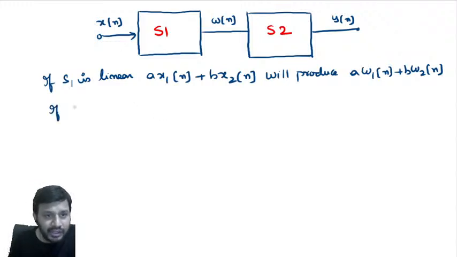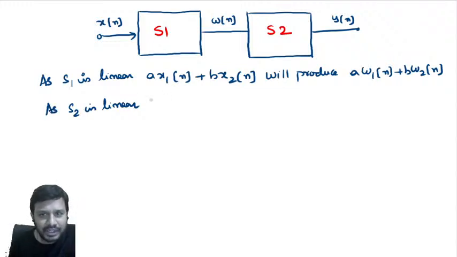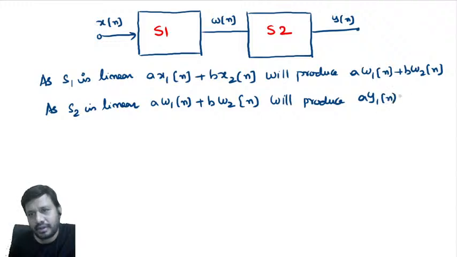Look here, what he said, both are linear. As S1 is linear, and S2 is also linear, A into w1 of n plus B into w2 of n will produce A into y1 of n plus B into y2 of n.